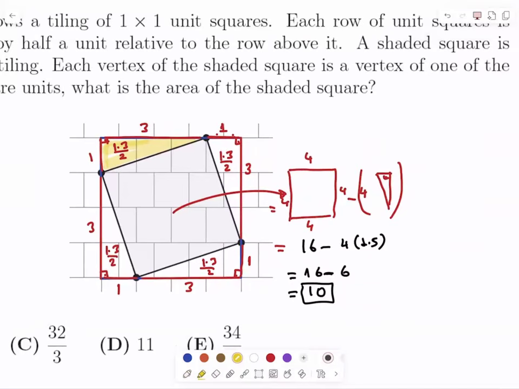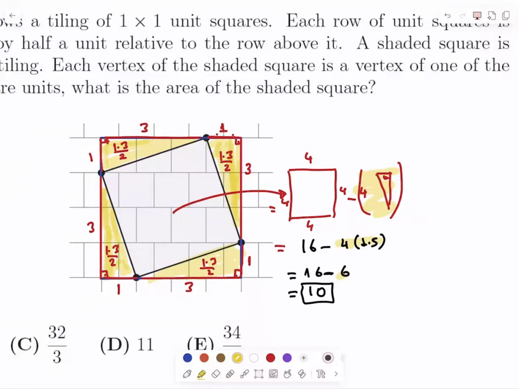One times 3 divided by 2, right? Yes, 1.5. 1.5, four of them is 6, right? Total 6. And the large square is 4 by 4, right? 16 take away 6 is 10.